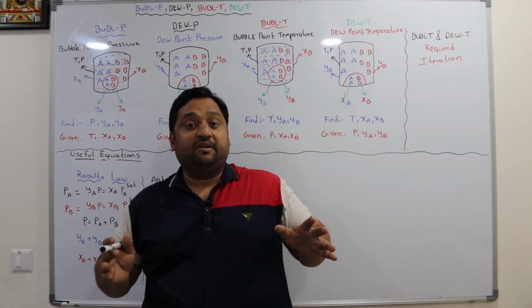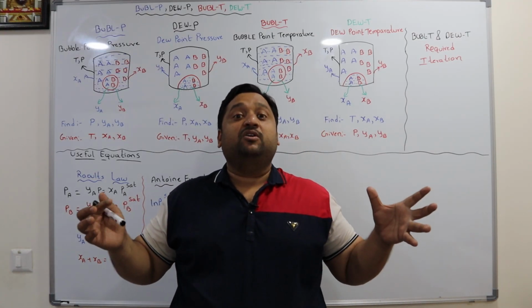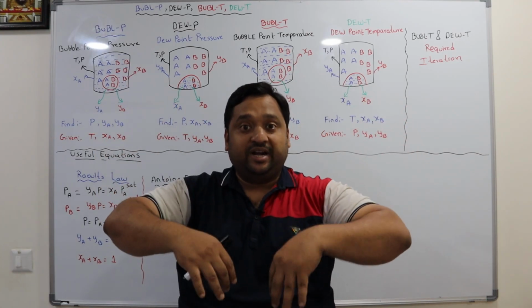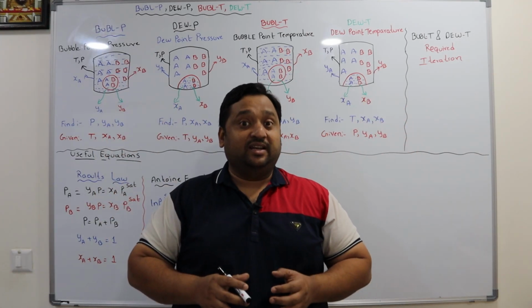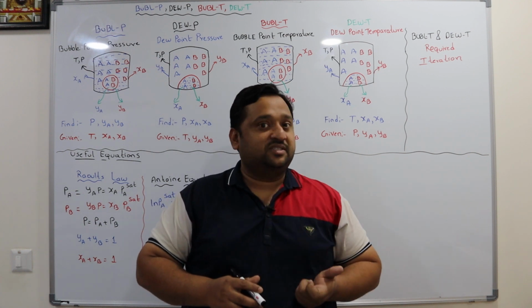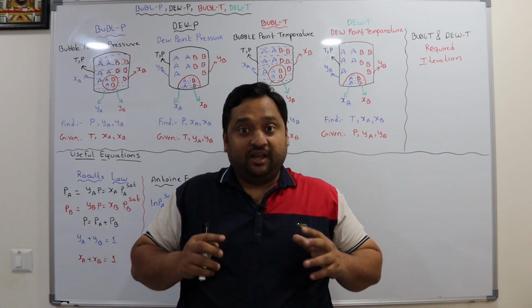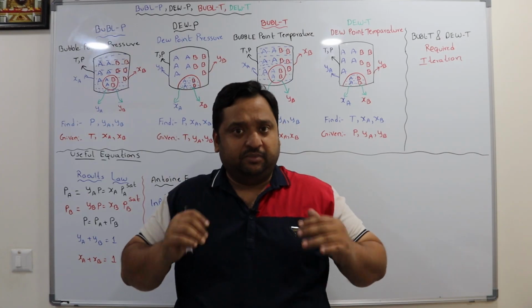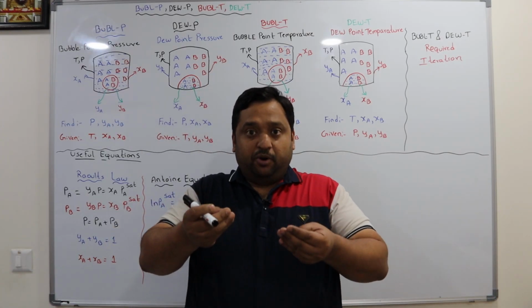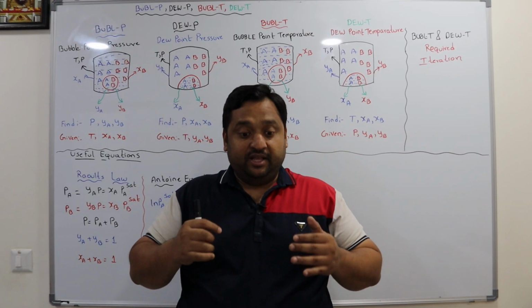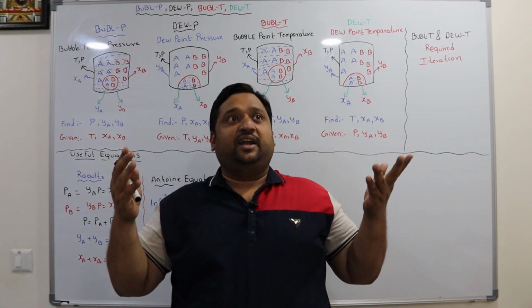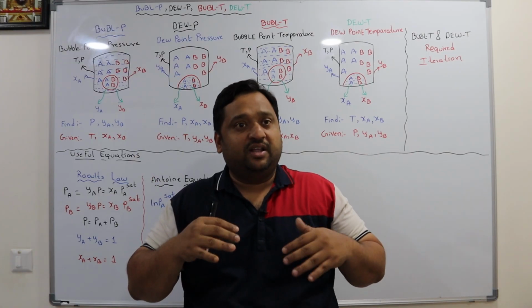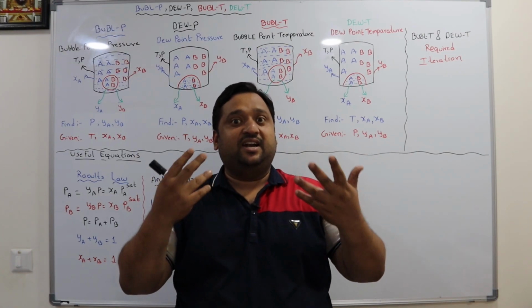Then what happens if I have more than one component in the liquid? If you have more than one component, then things change. Let us say I have A and B in the mixture. If I start producing vapor, let us say the evaporation temperature of the A plus B mixture is 100 degrees centigrade.